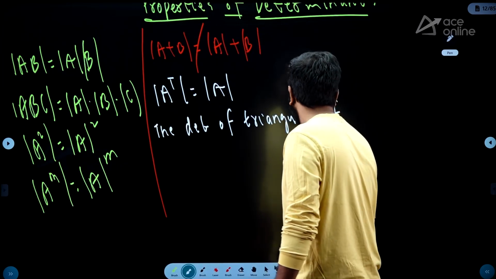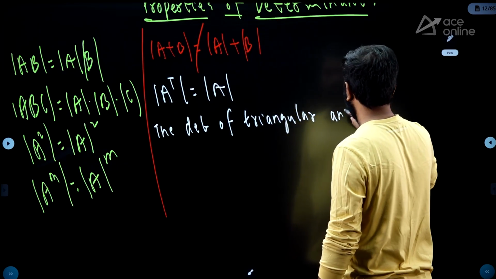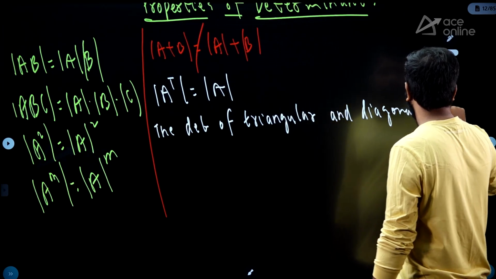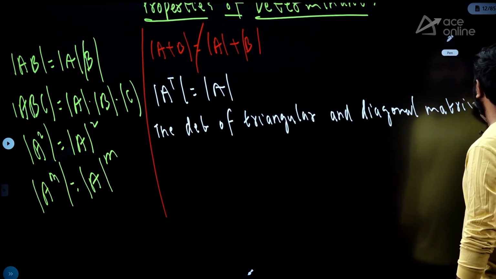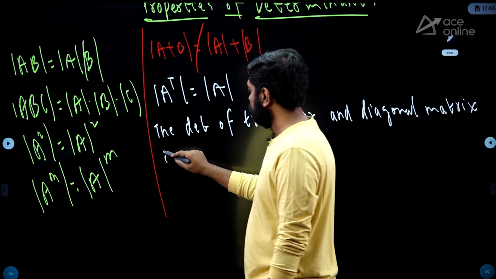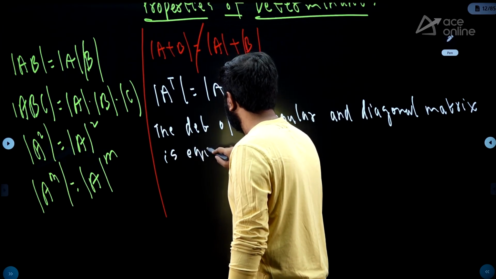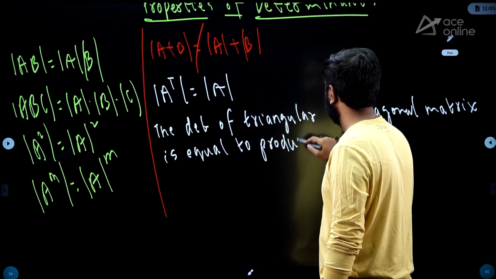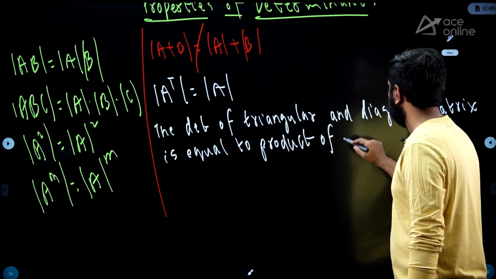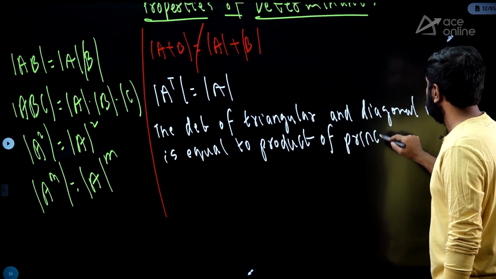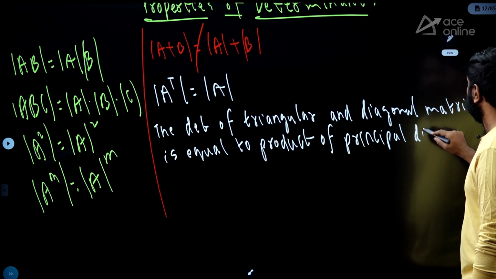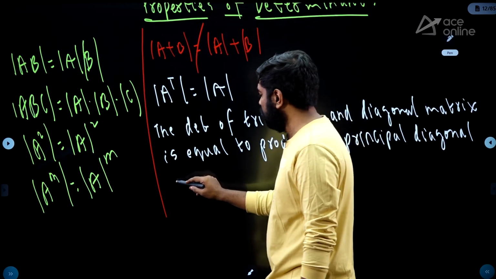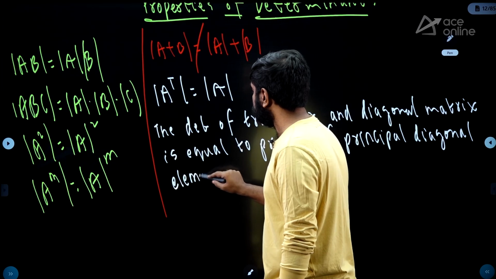Triangular and diagonal: product of principal diagonal elements.